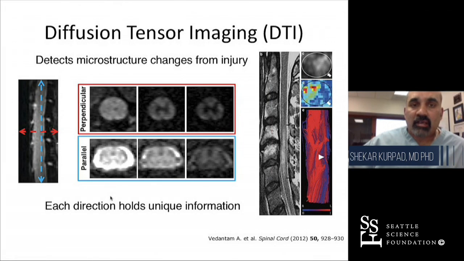One of the new techniques that we and some other groups have come up with is called double diffusion encoding. As a background to that, diffusion imaging detects microstructure changes from injury. And since, as I mentioned before, diffusion occurs in all directions, it can be hypothesized that each direction of diffusion holds unique information.